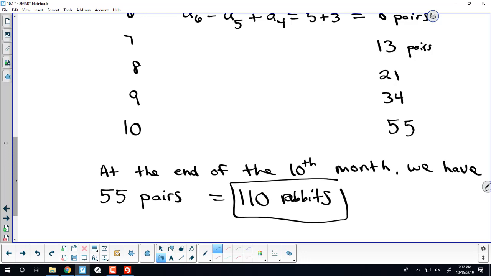There is an explicit formula for this. I'm not going to talk about it, but the thing with the Fibonacci numbers is that if you look at more and more of them, and you take the ratio of the 10th term over the 9th term, and the higher you go, like if I took the ratio of the 1,000th term over the 999th term, they approach a specific number.